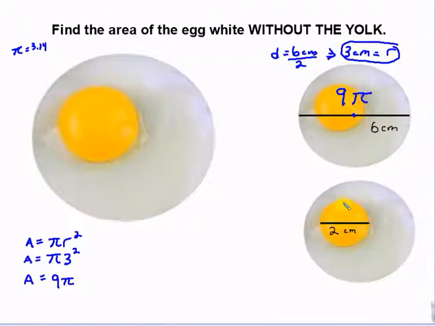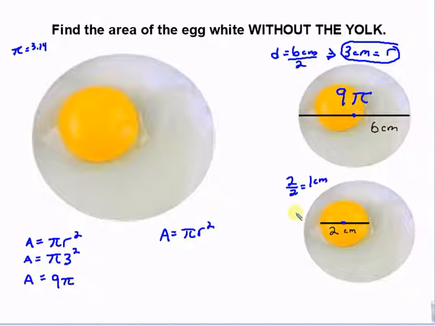Now we need to find the area of just the yolk of the egg. Once again, since we're finding the area of a circle, we're going to use area equals pi r squared. And yet again, we aren't given the radius, we're given the diameter. But we remember that the radius is half of the diameter. Since our diameter is 2, we'll divide that by 2, and that's going to give us 1 centimeter.